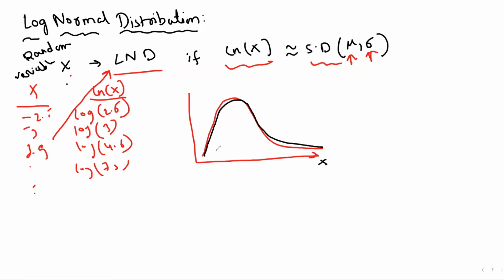Now the examples I've already given you, right? What can be an example of right skewed? If someone asks you to give an example of a log normal distribution, immediately you know log normal distribution is nothing but right skewed, so you give them those examples. So this is all about log normal distribution, guys.